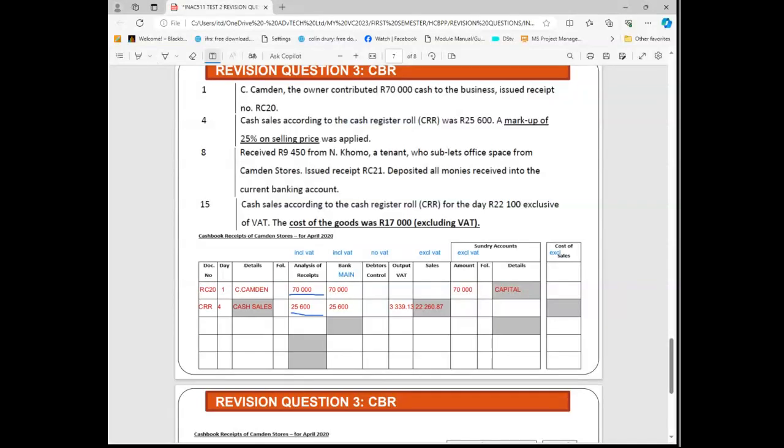What's the next step? The next step is to calculate cost of sales. Perfect. So I always prefer to calculate cost of sales last, because sometimes you can make a mistake. Let me ask you a question here.